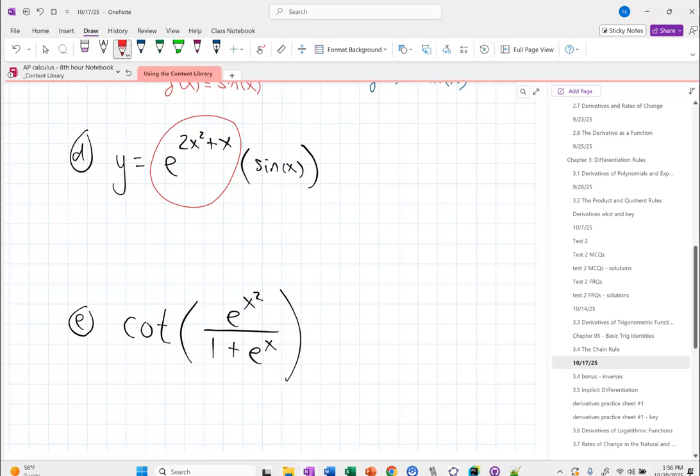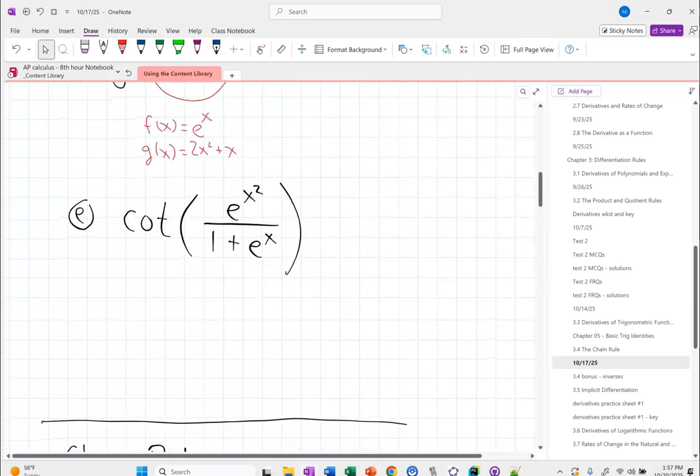You see that? What's the outer function? E to the x. And the inner function is 2x squared plus x. Does everybody still feel good? Not too far? Okay.